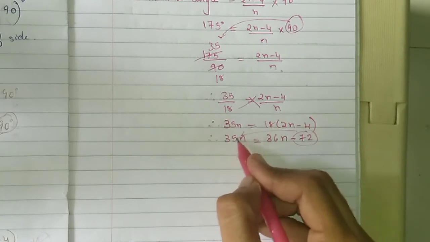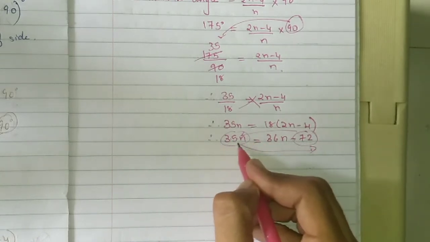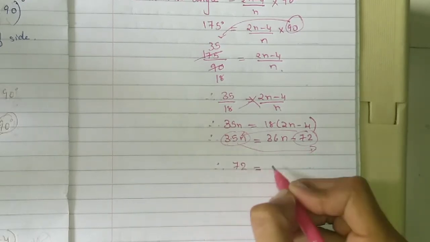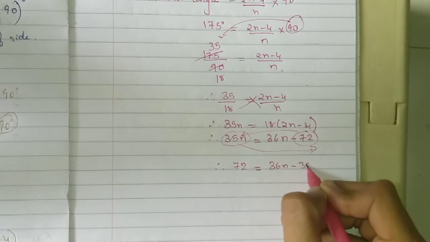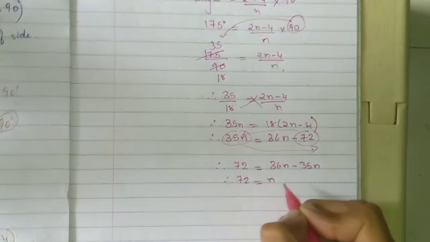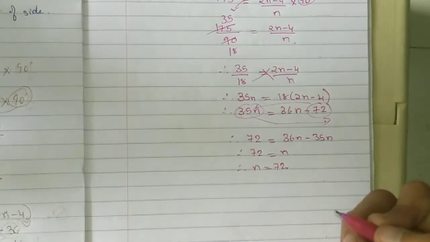Same way, this minus 72 comes over here and 35n goes over there. Therefore 72 equal to 36n minus 35n. Therefore 72 equal to n. Therefore n equal to 72 is the answer.